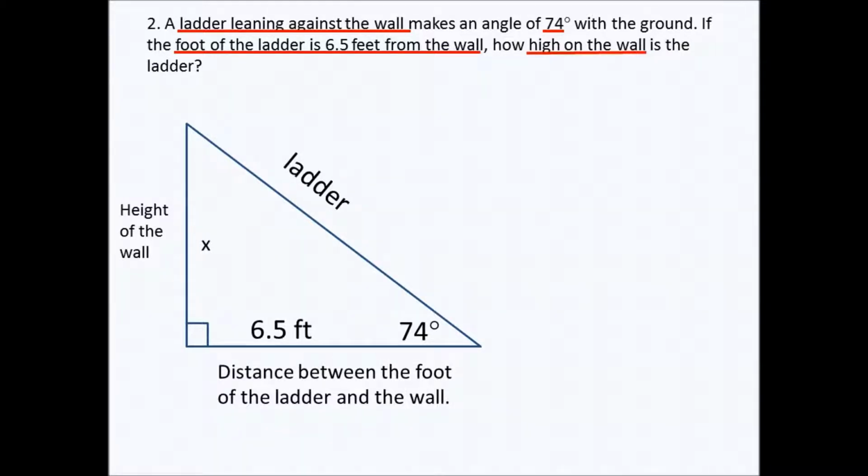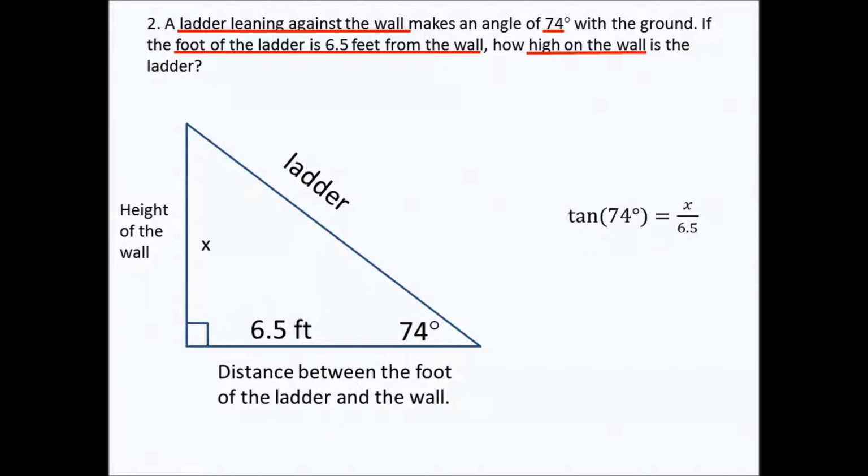The height on the wall is opposite the angle that the ladder makes with the ground. The distance between the foot of the ladder and the wall is adjacent to the angle made between the ladder and the ground. Therefore, the trig function which relates the opposite side with the adjacent side is tangent. So tangent of 74 is equal to x divided by 6.5.